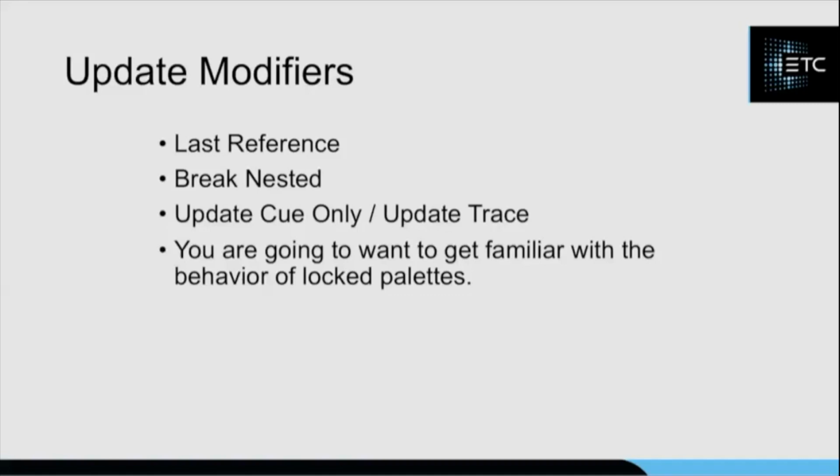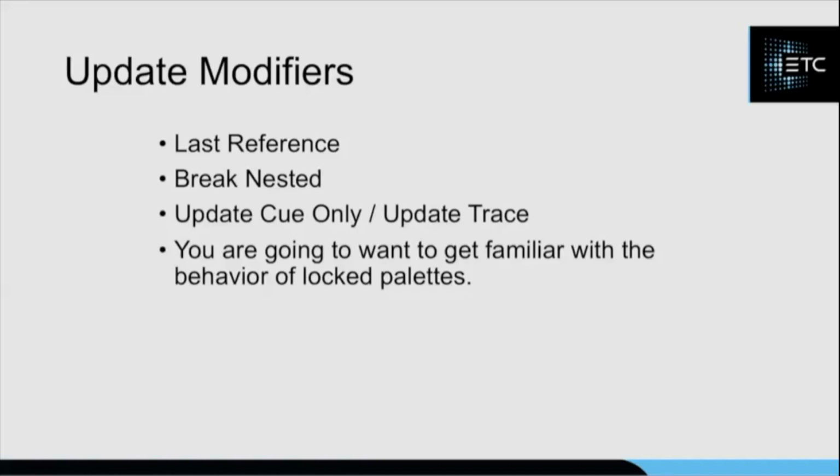So let's say that I've got a preset that has focus palette 12 in it, and I didn't lock focus palette 12. So I have absolute data in focus palette 12. Focus palette 12 is then built into this preset, and then this preset is then used in this queue, and this queue is now on stage. And then I modify something.